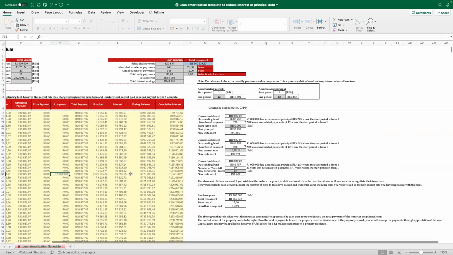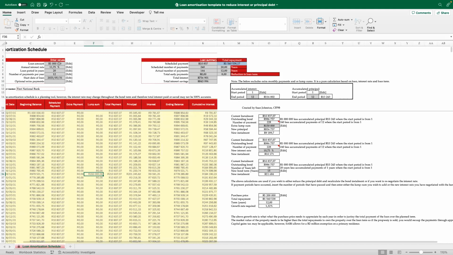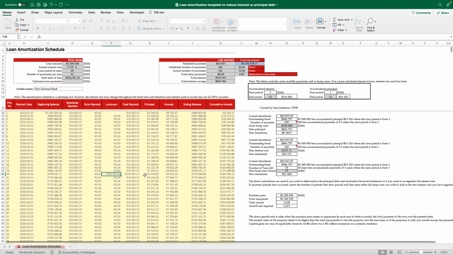It doesn't reduce the principal to 800,000. What it does is it increases the principal portion, as you can see over here. And as a result, it's going to reduce your loan by 8 years because you're now paying off the principal.